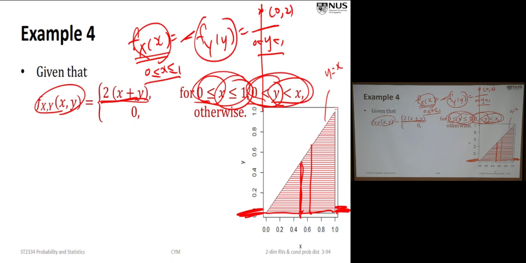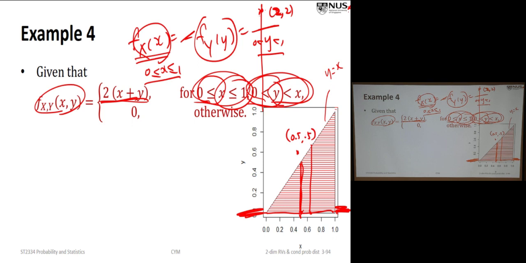Maybe I should use something like 2, 2, which is outside the range. But f of x at 2 is 0, and f of y at 2 is also 0. So it holds that f of x,y equals f of x times f of y, so it won't help. What I'm trying to look for is something else. So let's say I take this point, 5 and 5.